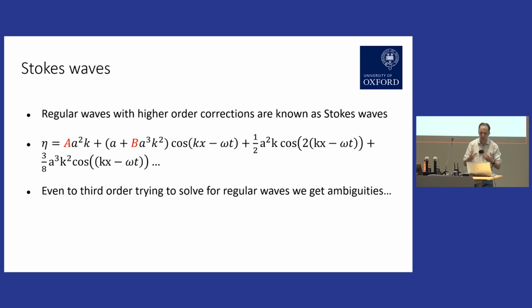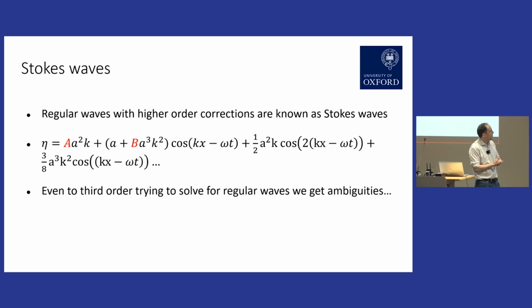So you end up immediately with a bit of a paradox. Actually, that term doesn't turn out to matter too much from an engineering point of view, which I'll show in the next slide.